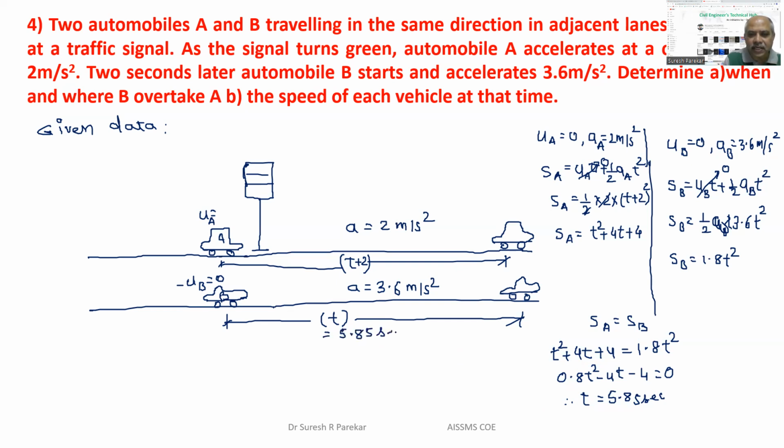Now knowing t, this is the time for B, that is 5.85 seconds. And what will be the time of travel for A? We have to add 2 to this, so t is equal to 7.85 seconds.